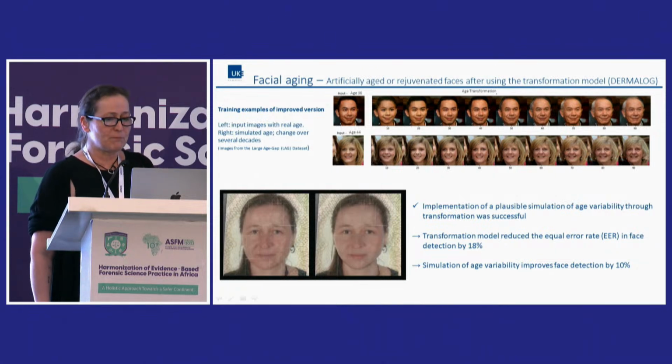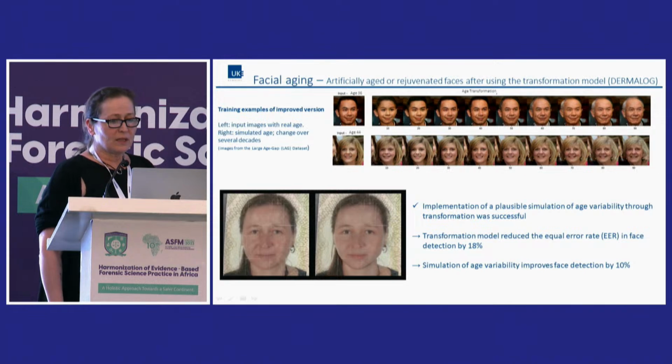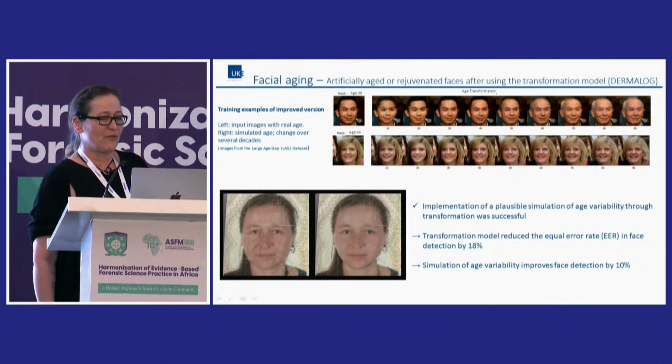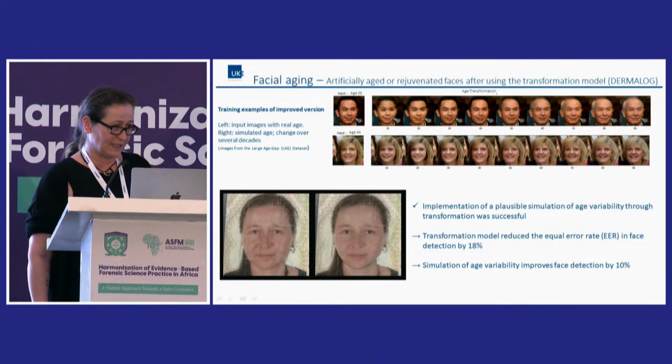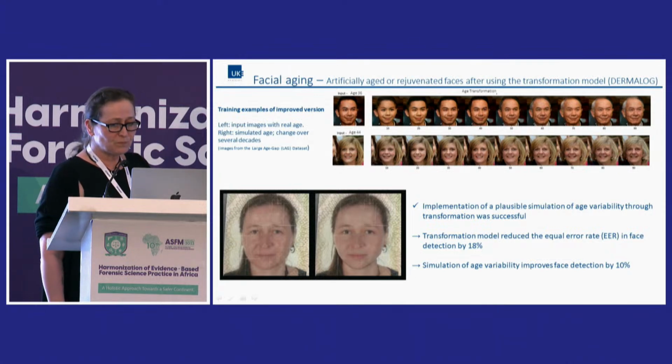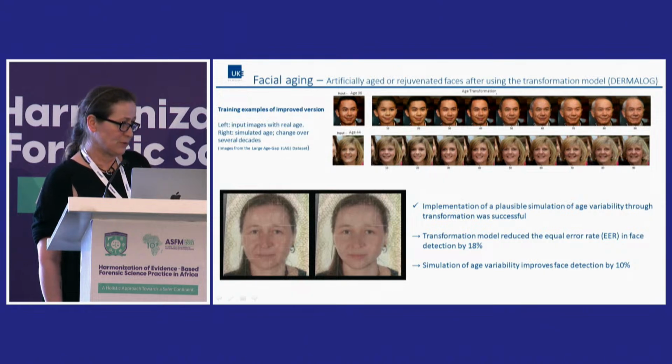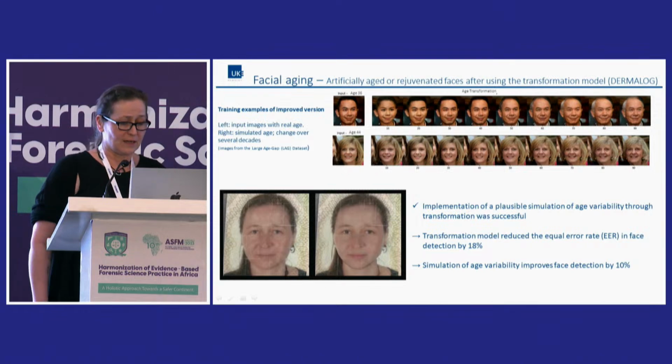And with that, they could improve the implementation of the plausible simulation of age variability through transformation, which was really successful so far, but it can be better. So the transformation model reduced the equal error rate in face detection by 18%, and simulation of age variability improves face detection by 10%. It's not enough, but maybe they can go a little higher.